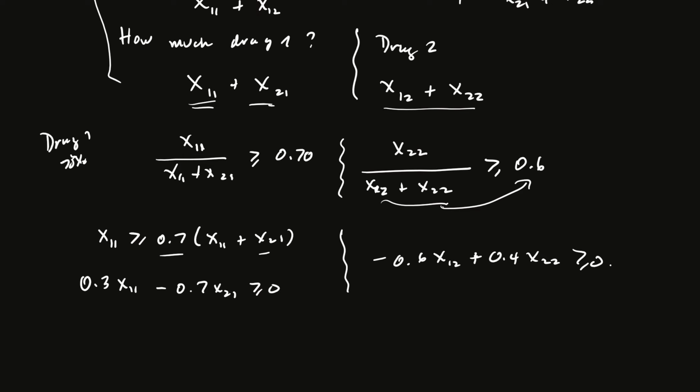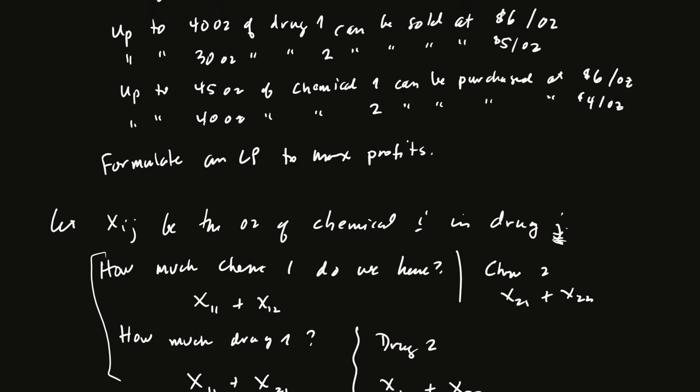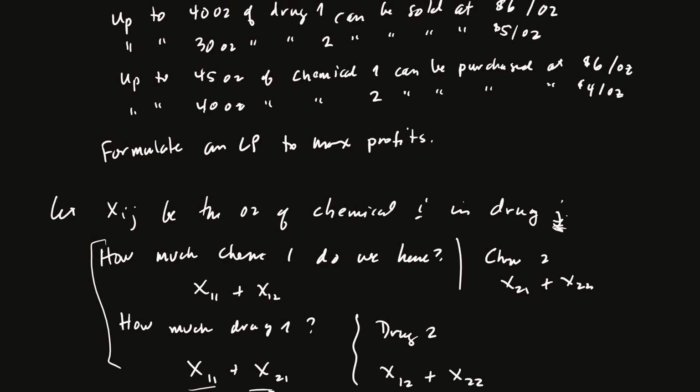Now, these other constraints are pretty straightforward. For example, up to 40 ounces of drug 1 can be sold at $6 an ounce. Therefore, you don't want to go over 40 ounces of drug 1.